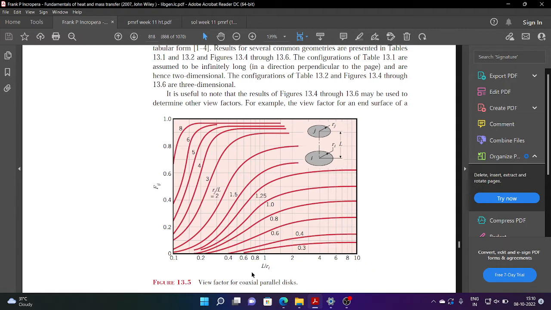You can see that in the chart there are various curves for different radius or length of the geometry; different dimensions of the geometry are plotted there, and for each curve associated with different dimensions, there is an associated view factor value. Usually the chart is given for two parallel plates and for two cylindrical surfaces, the cross section of the cylindrical surfaces. So from the chart we can find that.